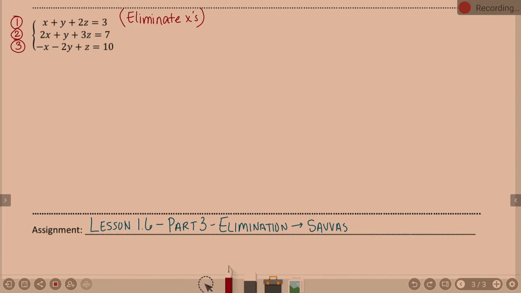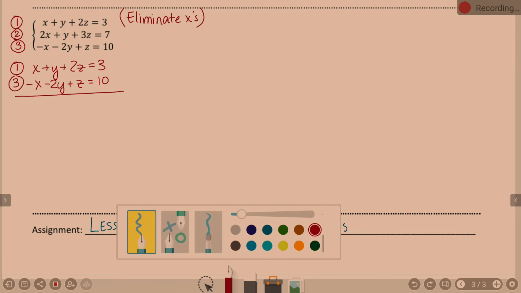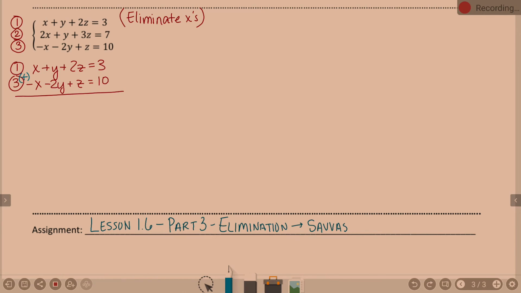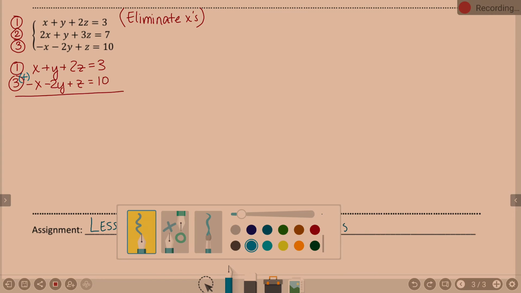So let me write these next to each other so we can do the math. X plus y plus 2z equals 3. And negative x minus 2y plus z equals 10. X's have opposite signs. We are set up to add. Okay.